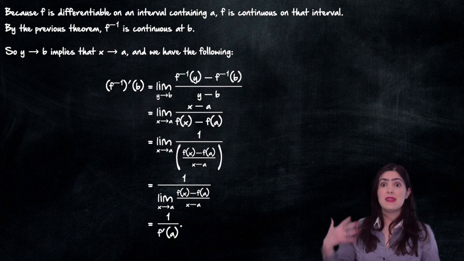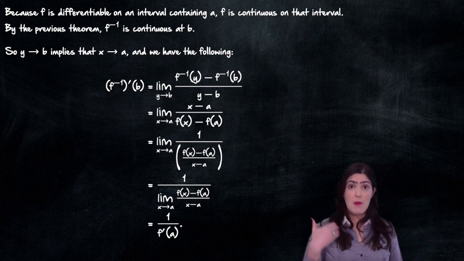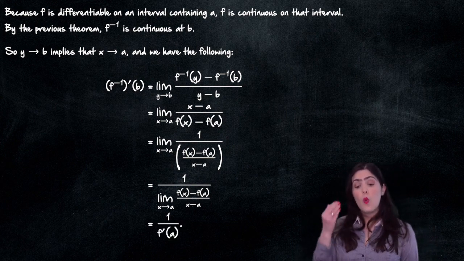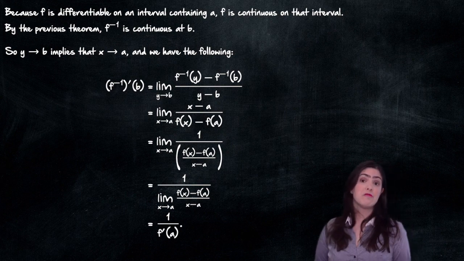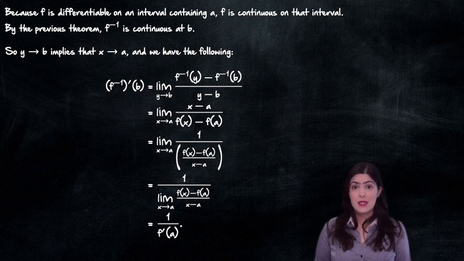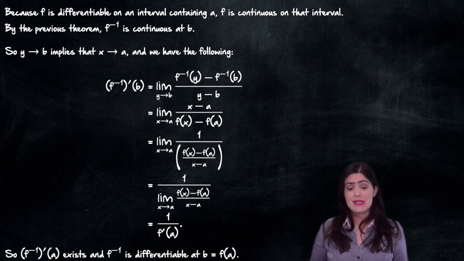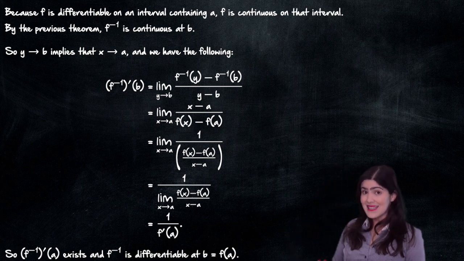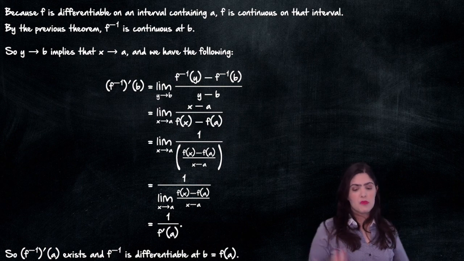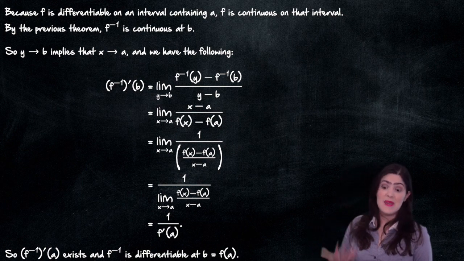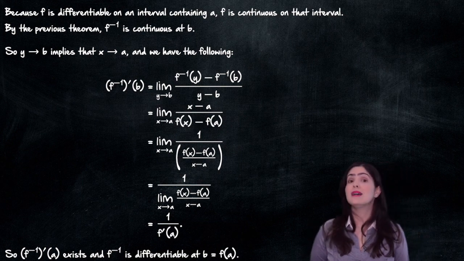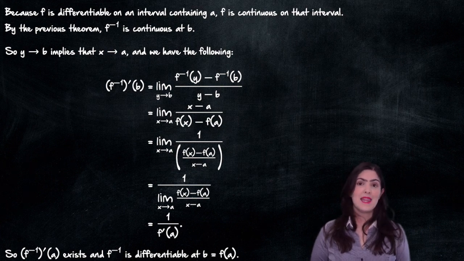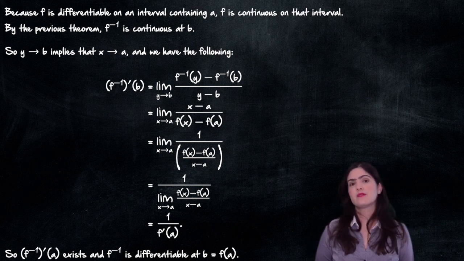So that gives me that f inverse prime of b is equal to 1 over f prime of a. Therefore, that limit exists, which means that f inverse is differentiable at b, which is equal to f of a. And that completes the proof of the inverse function theorem.